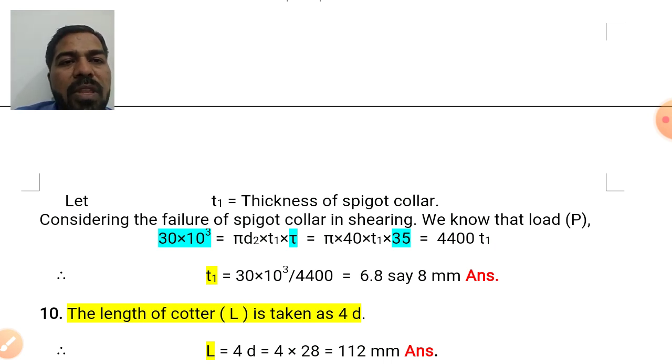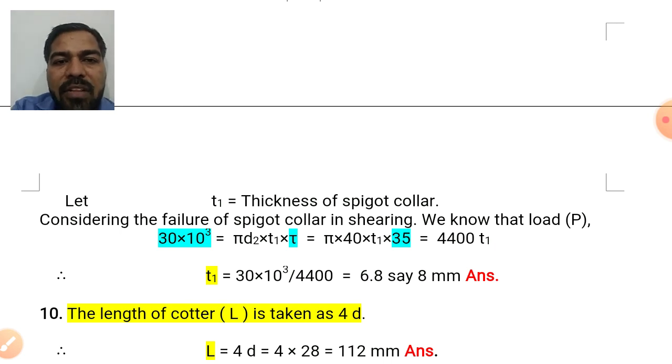So now here put the value of permissible shear stress tau and diameter d2 value. After this, we will obtain the thickness t1 is equal to 6.8, and according to standardization we can say t1 is equal to 8 mm.